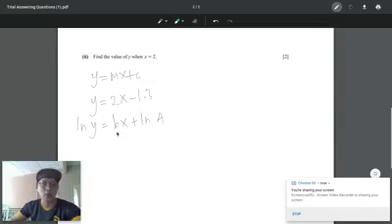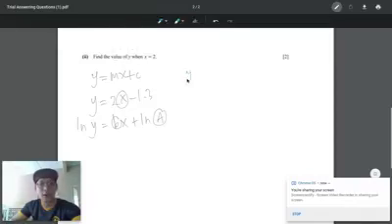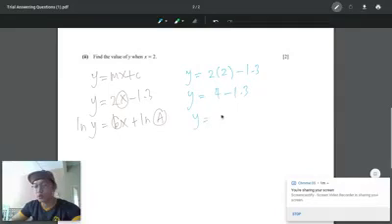We already have our b and our a. This question asks us to find the value of y when x equals 2. So we just substitute the value of x equals 2 into this straight line equation. Then we will have y equals 2 times 2 minus 1.3, so y equals 4 minus 1.3, y equals 2.7.